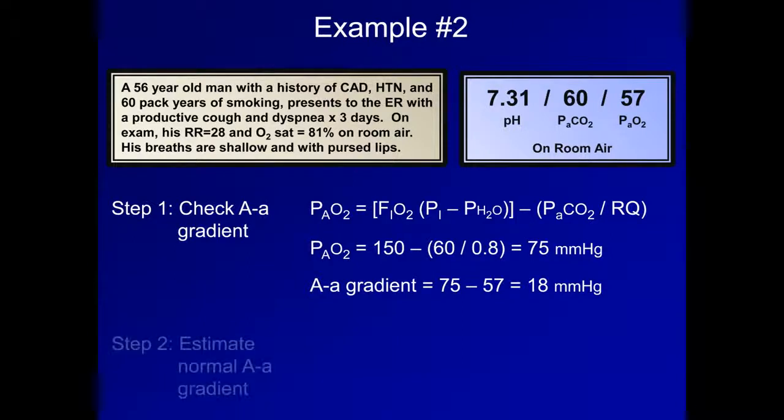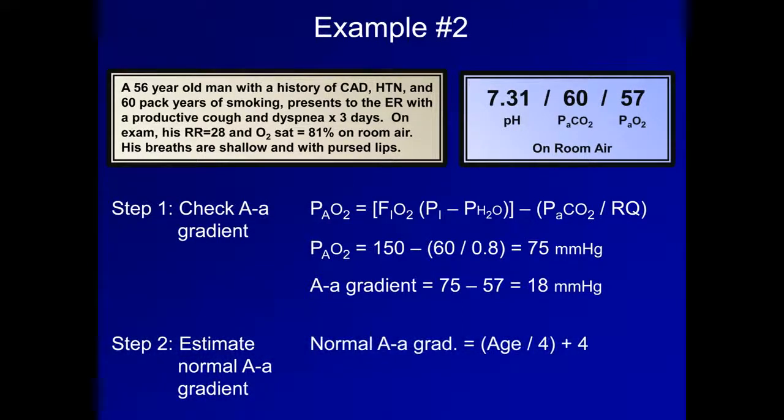Step 2 is to estimate the normal or expected AA gradient for his age. For him, this is 56 divided by 4 plus 4, which is 18 millimeters of mercury. So his current AA gradient is equal to his normal AA gradient for his age.